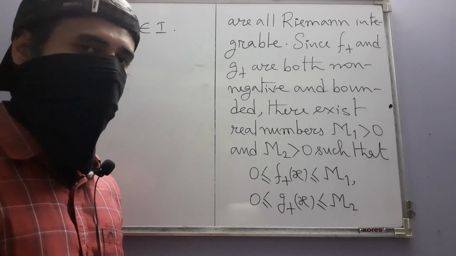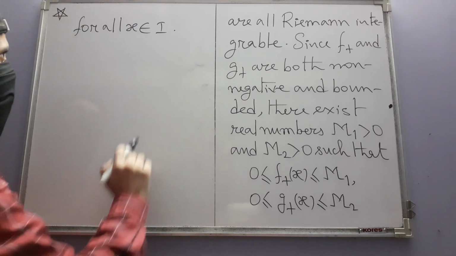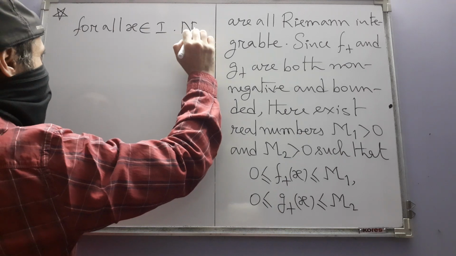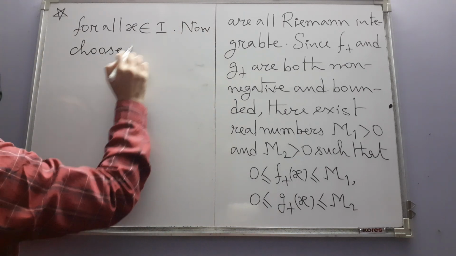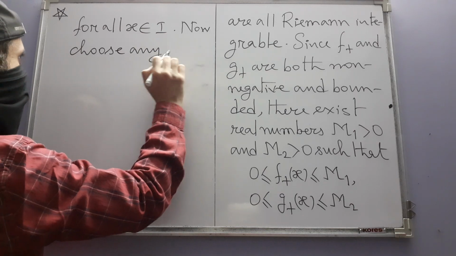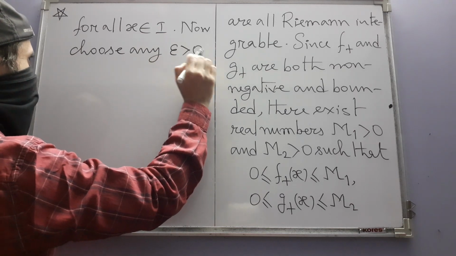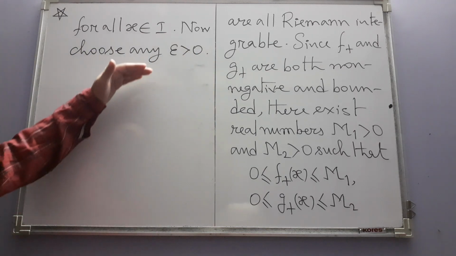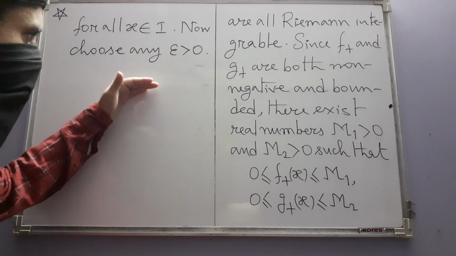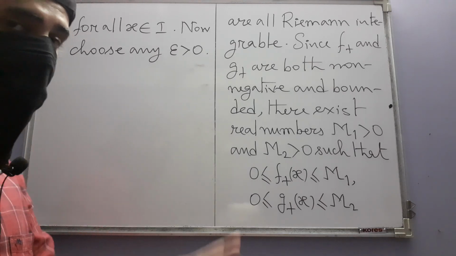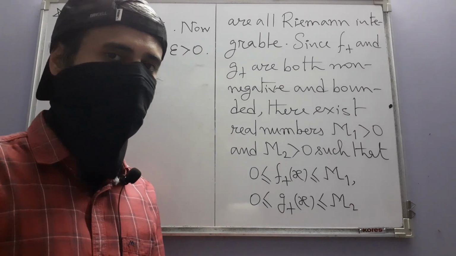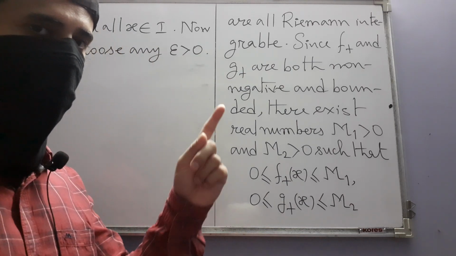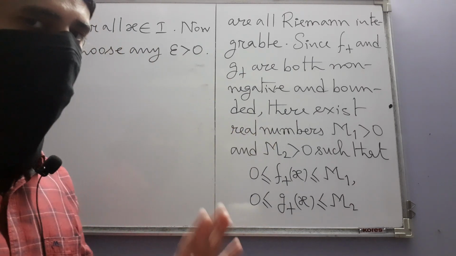Okay, now we choose epsilon. And after choosing epsilon, we are going to write two inequalities which will remind you of similar inequalities we wrote in the proof of that maximum minimum theorem.